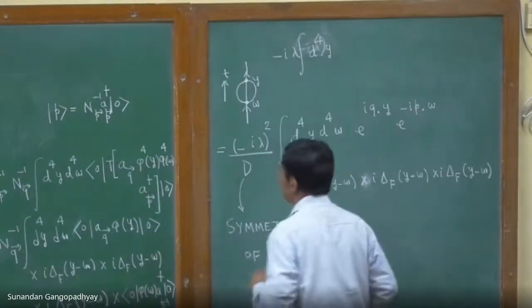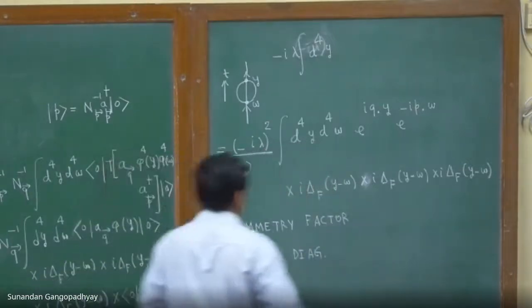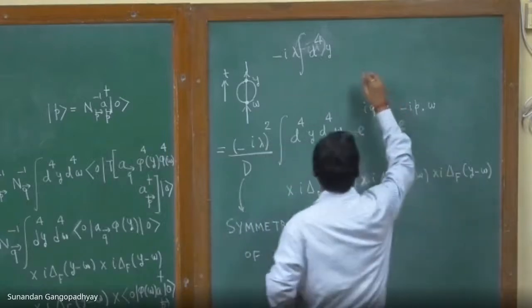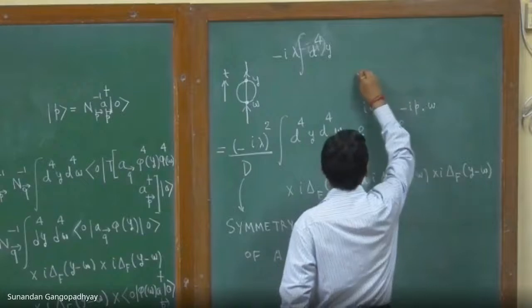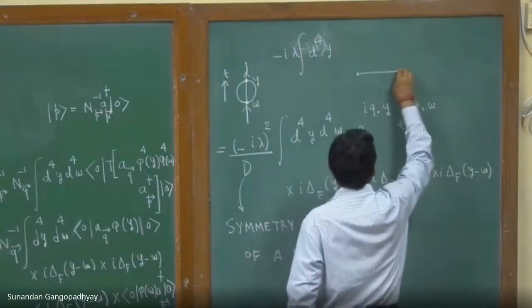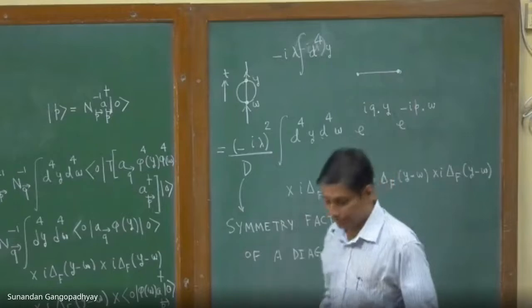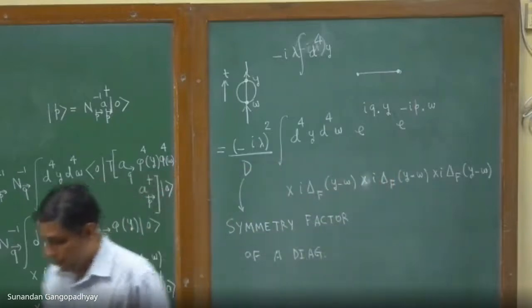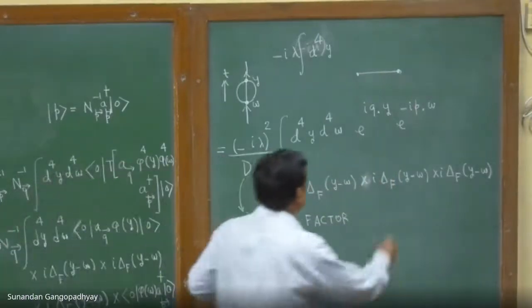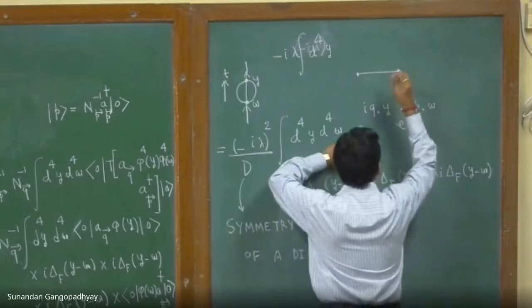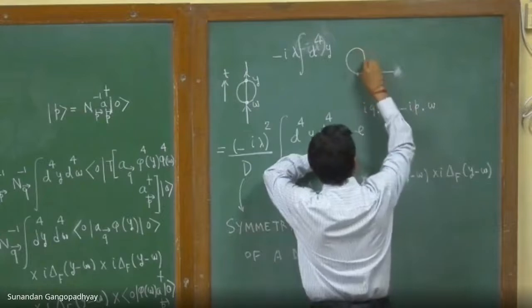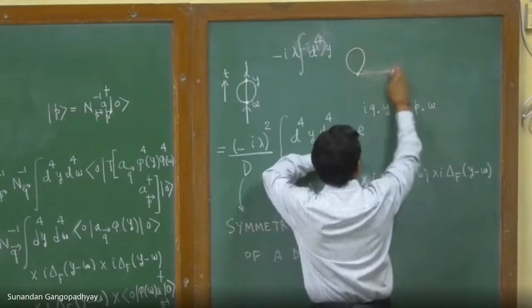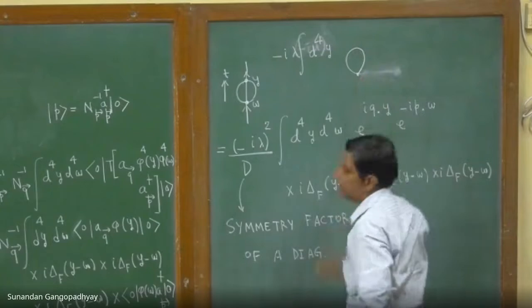In this case, the rule is very simple. Let me write down the rule. The rule for the symmetry factor is that if you have a propagator line, an internal line, both ends of which end at a single vertex, so you have something like this.